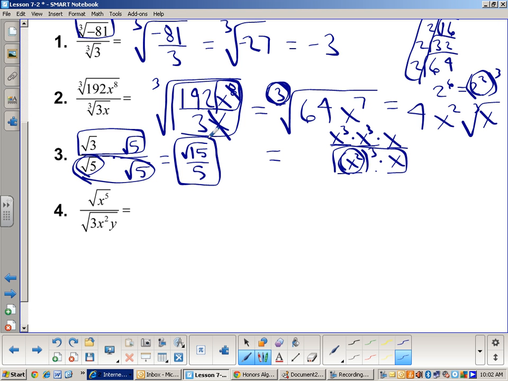Too often people look at that and say, well, can I cancel my 5 out of my 15? They're different. Remember, that's not a 15, is it? It's the square root of 15.